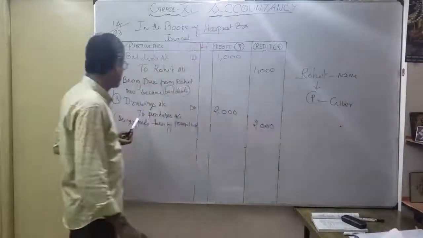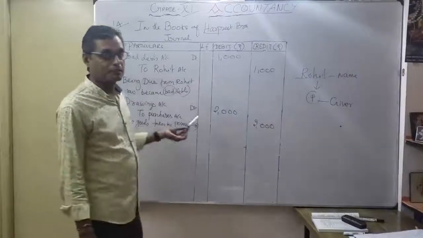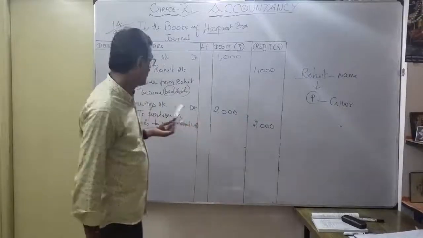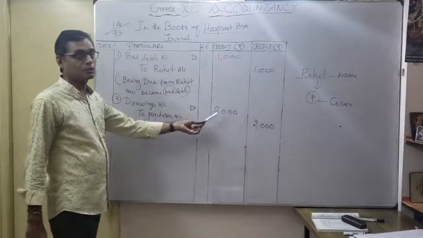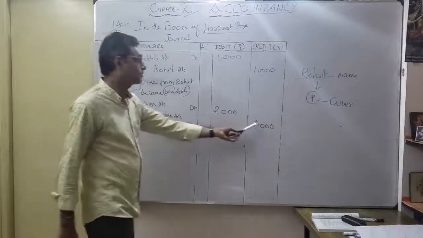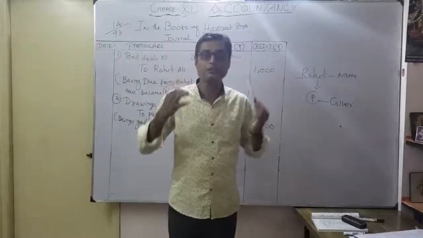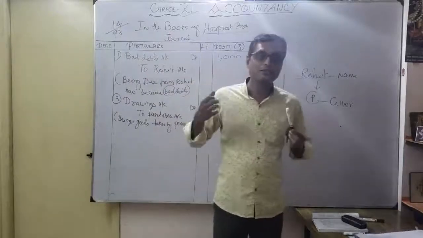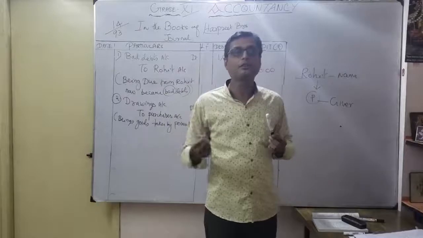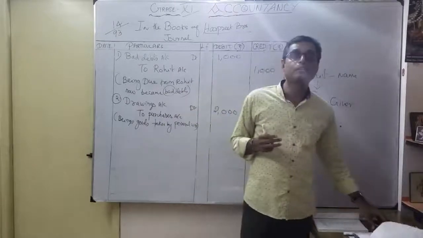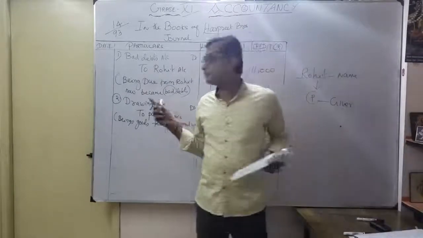Here the goods were taken by the proprietor for personal use. That's why I debited drawings account 2,000 to purchases account 2,000. Why am I crediting purchases? Now my purchases become reduced because I took these goods. So naturally the goods value becomes reduced. That's why I am going to credit. Okay, that is the important point here.